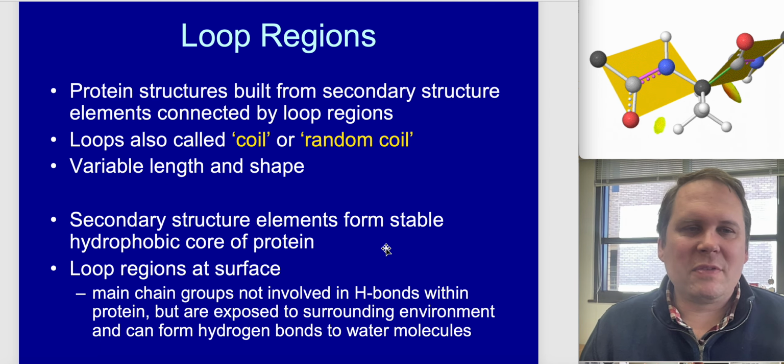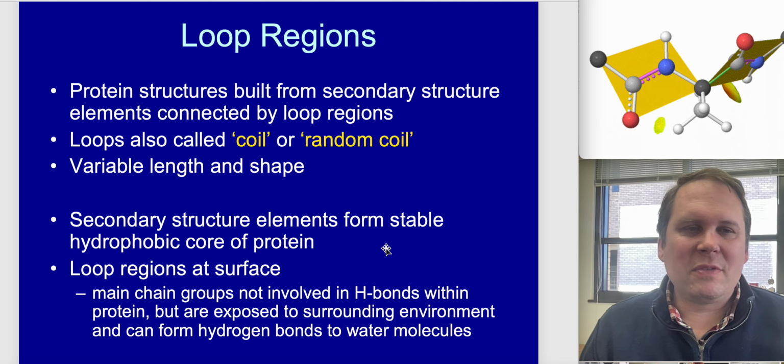There are patterns in loop regions. Loop regions do fit onto the Ramachandran plot, and there are a limited number of psi and phi angles that can actually be allowed. Loops allow the polypeptide chain to change direction.